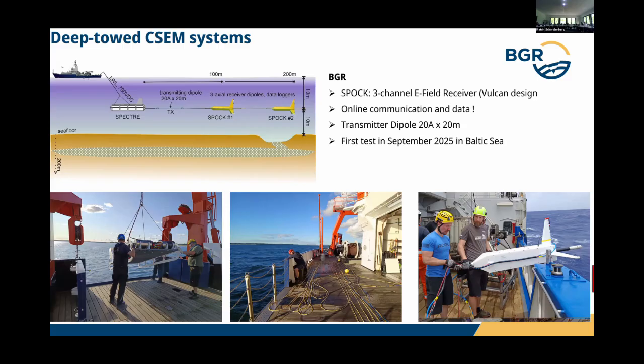These are towed at different water depths, measuring electric fields from a source dipole towed in front. Also a setup which has been used for different targets to look at resistive features in the seafloor, usually at a larger scale. We rebuilt these E-field receivers and called them Spock.